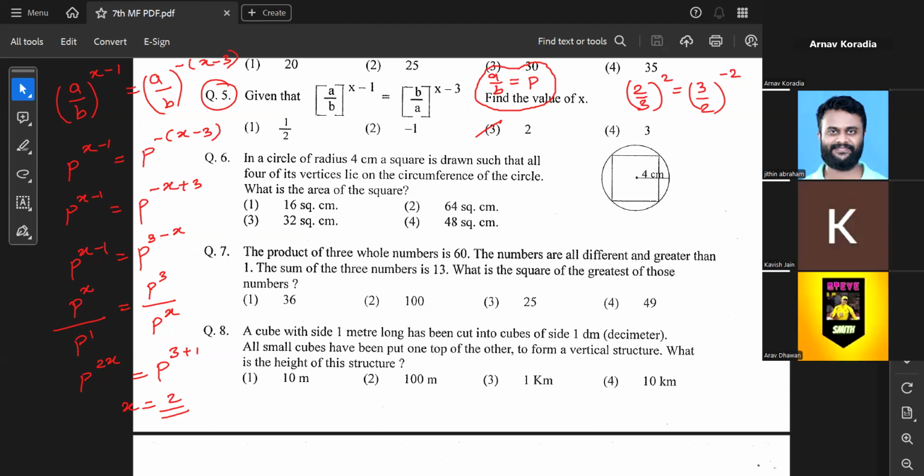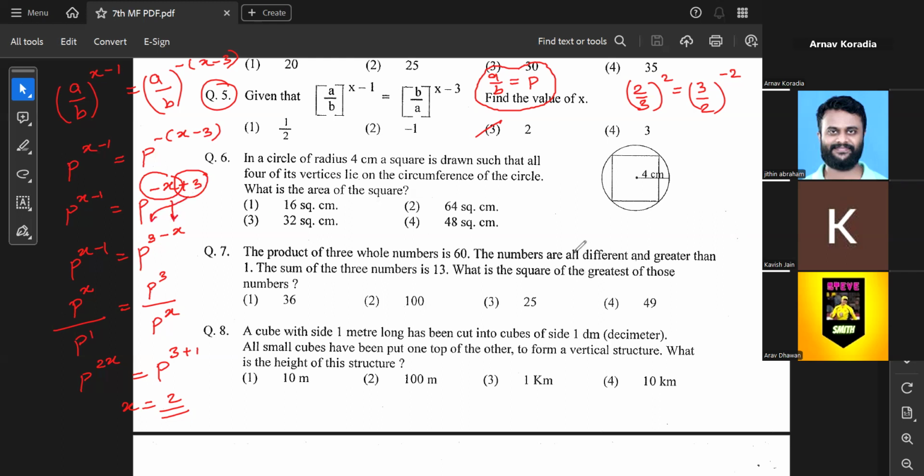Sir, in this question in the third line, on the right hand side, you've written p raised to minus x plus 3, and in the fourth line, you've written p raised to 3 minus x. How is it possible? See, this is minus x, I have taken it over here. This is plus 3, I have taken it over here.